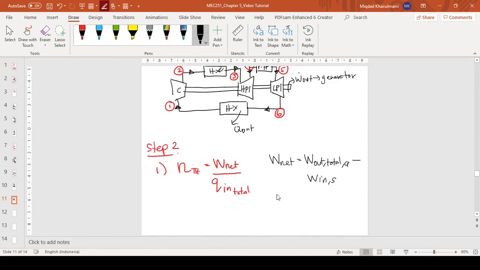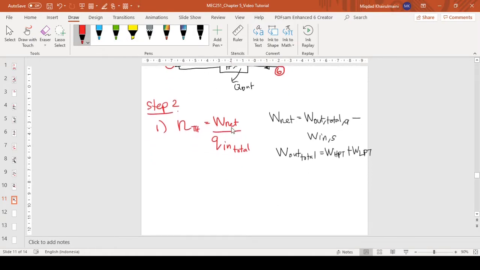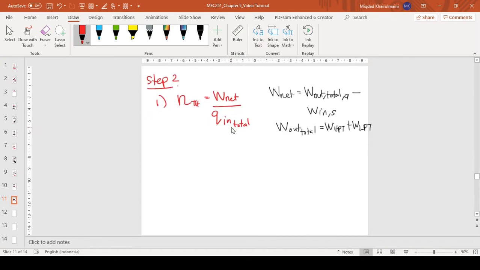We can expand it further. So work out total here is the work for the high pressure turbine plus the work for the low pressure turbine. We have to write all the equations so we know which state is involved.